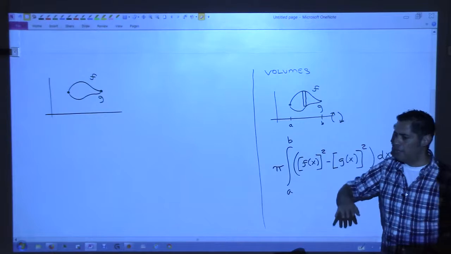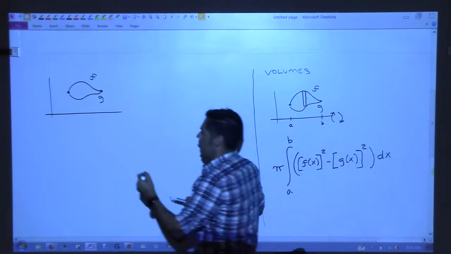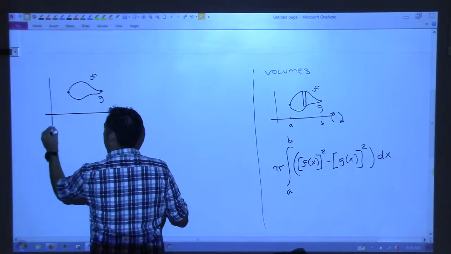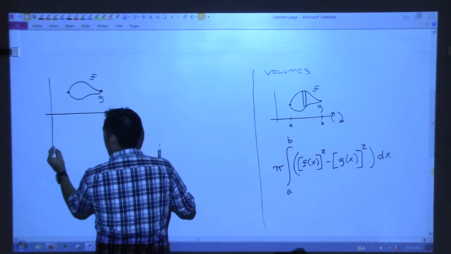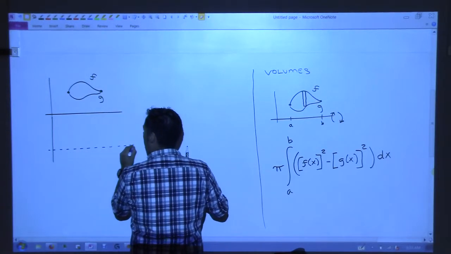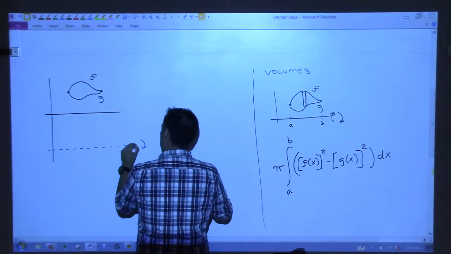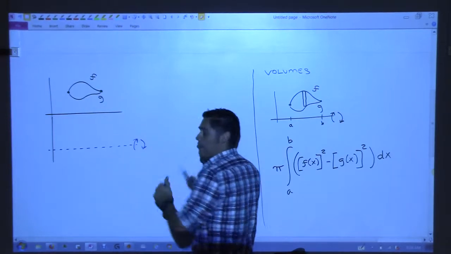So it doesn't have to be the x-axis anymore. So let's say I just come down here and I wrap it around this axis down here. I'm just going to make it up. There we go. There it is. So I want you to wrap it around that.